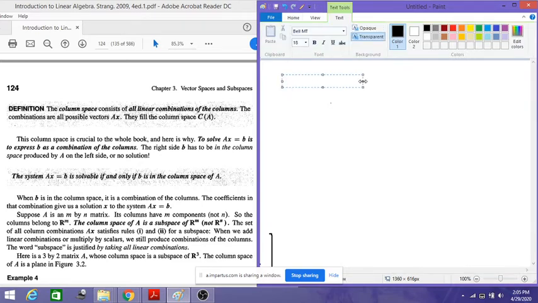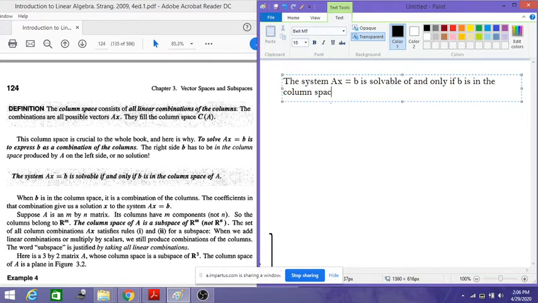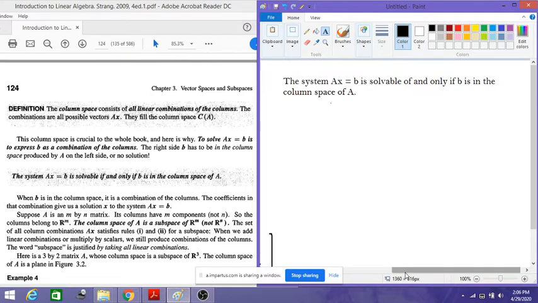So let us write this. The system Ax equal to b is solvable if and only if b is in the column space of A. We have taken one example here.